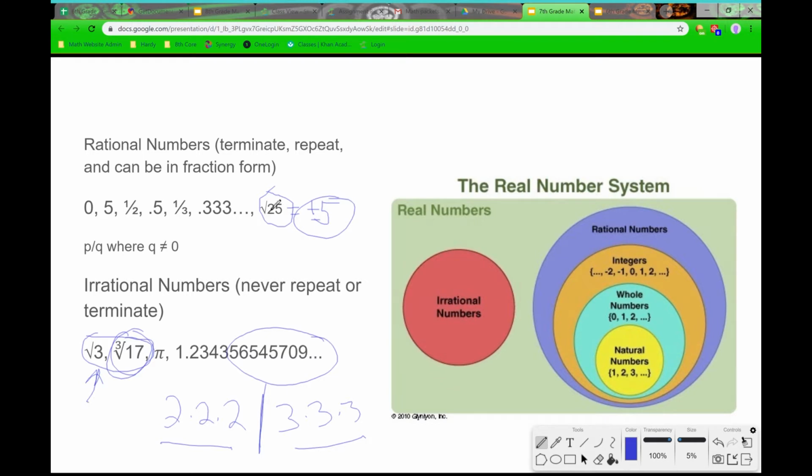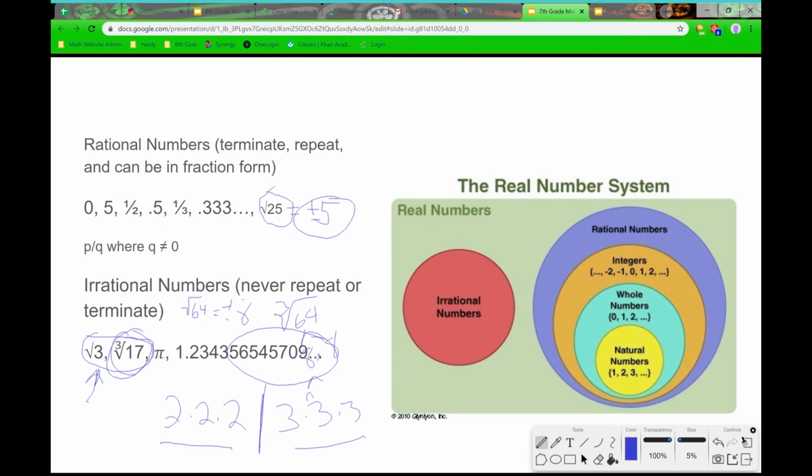If it's a radical and then a perfect square, I've got a rational number. If it's a cube root and a perfect cube, for instance, let's do this. If I do the square root of 64, 8 and 8 is 64, so that is plus or minus 8. If I have the cube root of 64, if I do the prime factorization tree, that's 8 times 8.